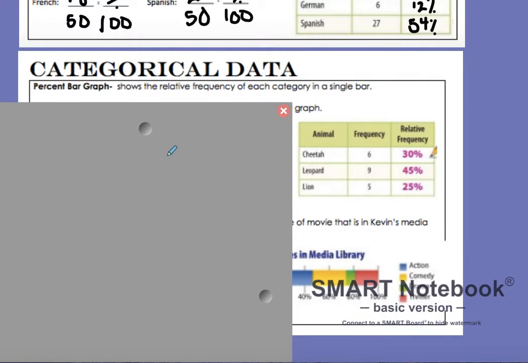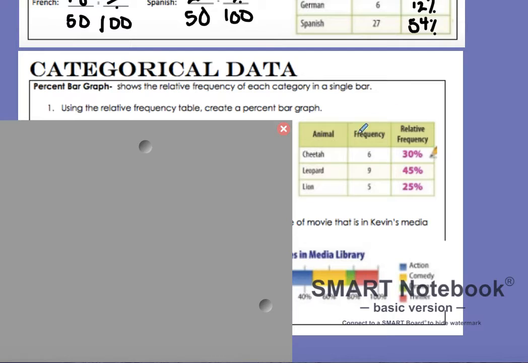The third thing we're talking about is a percent bar graph. Percent bar graphs show the relative frequency of each category in a single bar. So this graph already gives us the relative frequency of each animal. And number 1 asks us to create a percent bar graph from the relative frequency table.